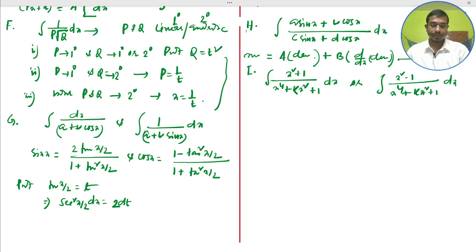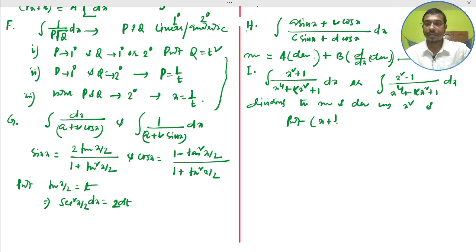For these two forms, divide the numerator and the denominator by x square and substitute x plus 1 by x equal to t, or x minus 1 by x equal to t.